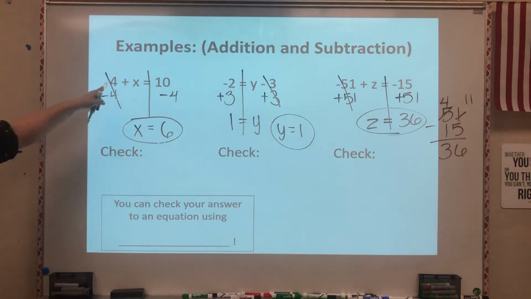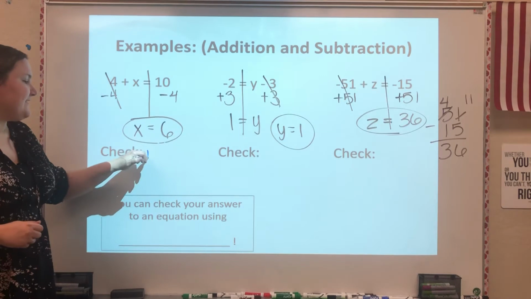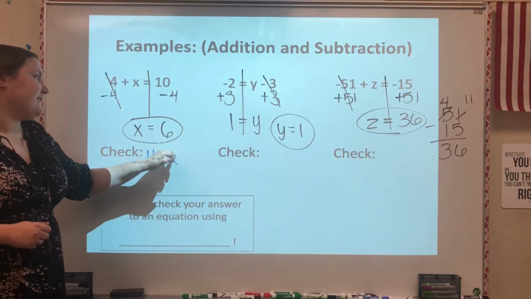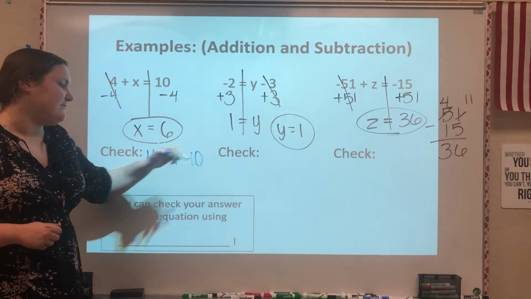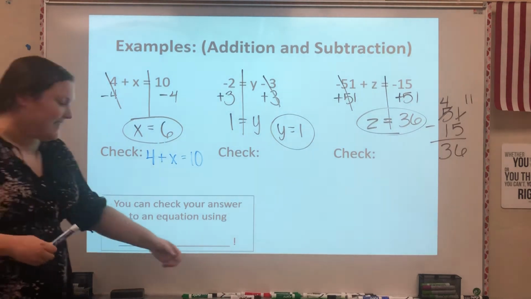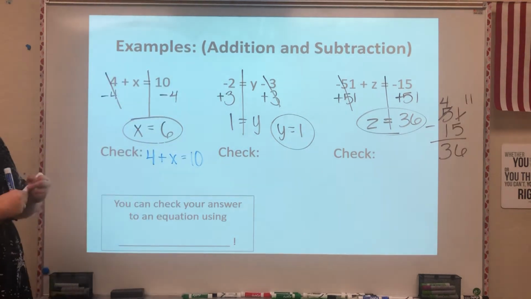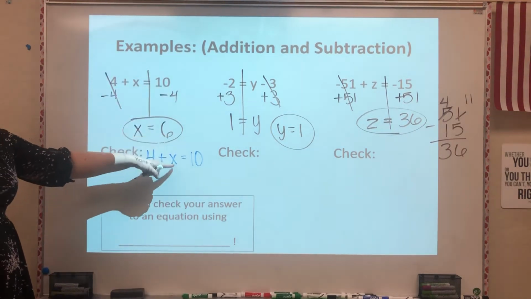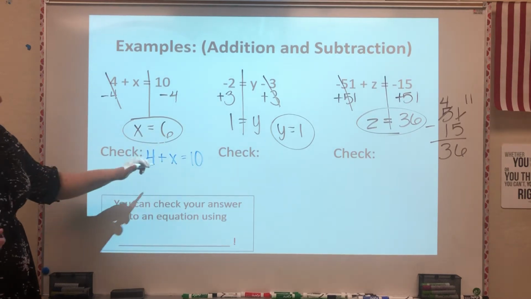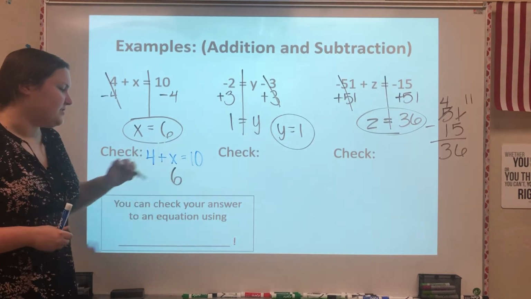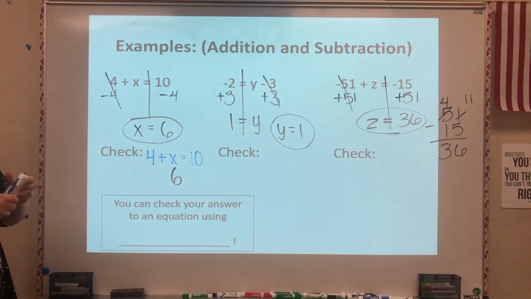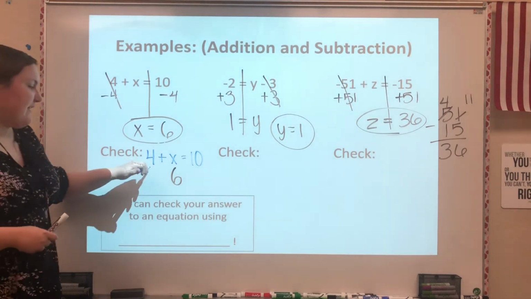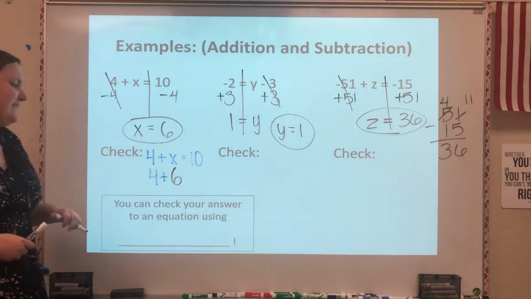So if my equation says 4 plus x equals 10, I can check my answer by taking my answer 6 and replacing x with 6. So all I'm going to do is change x to 6 and keep everything else the same. So that 4 plus is still going to be there.